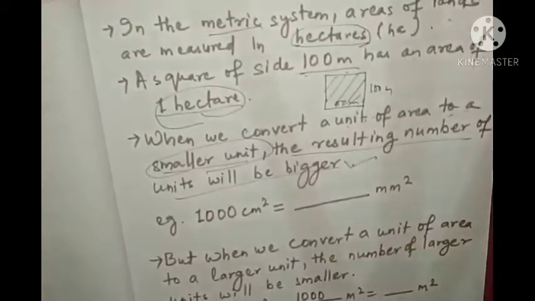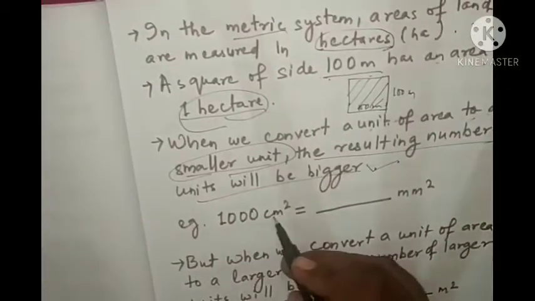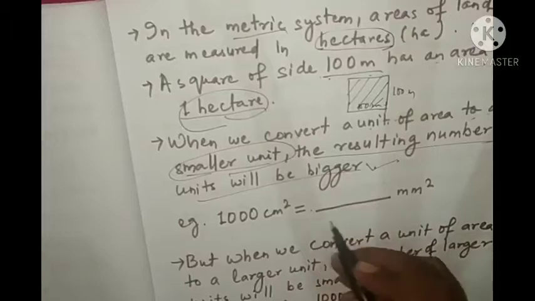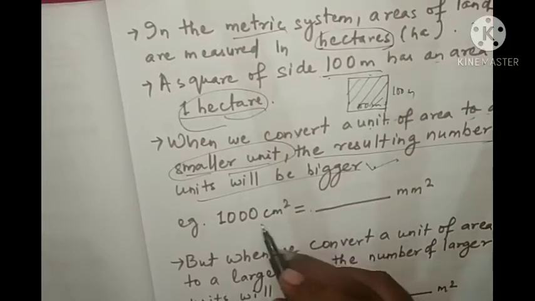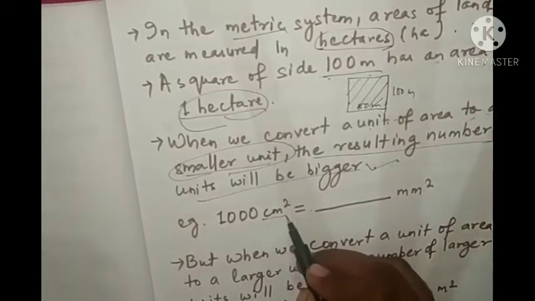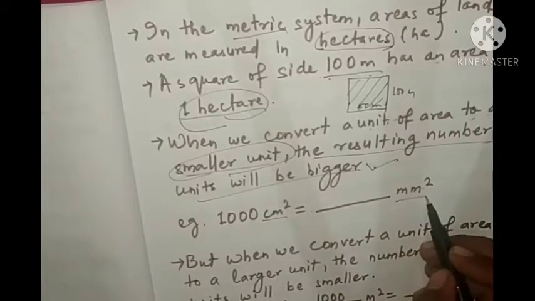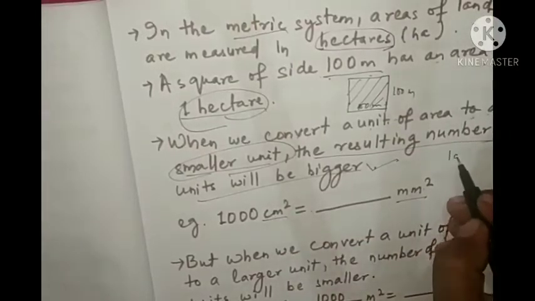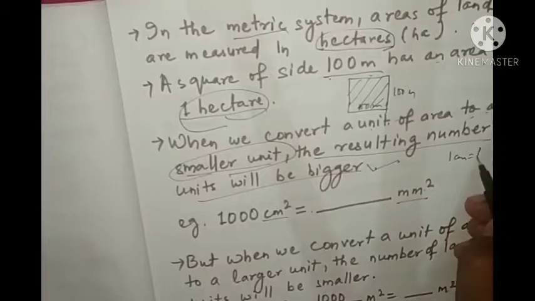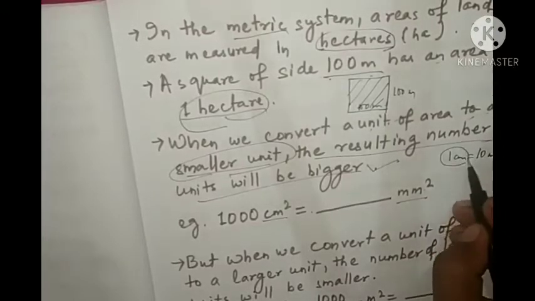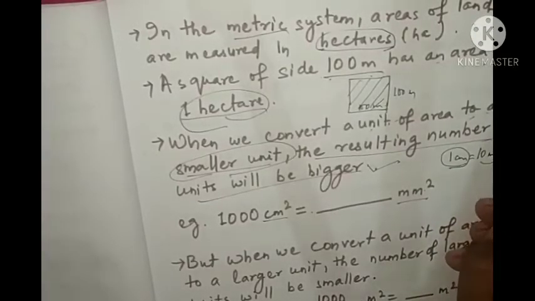Look at here, what is given? 1000 square centimeter. So 1000 square centimeter is how much? When we convert it into millimeter, centimeter is bigger than millimeter, because 1 centimeter equal to how much millimeter? 10 millimeter. So 1 centimeter is bigger than millimeter.